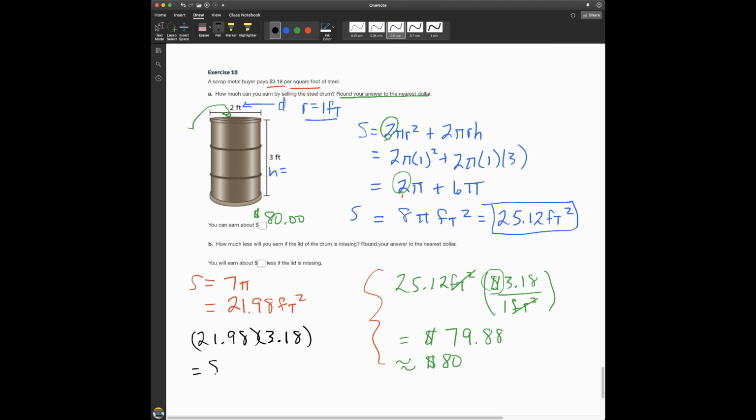And this will give me my cost, which would be about $69.90, which is approximately $70. Okay, so you're going to earn about $10 less if the lid is missing. Okay, so that's how you solve that problem, and that does it.